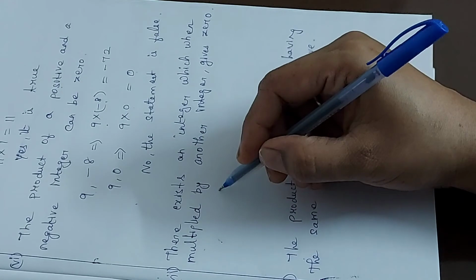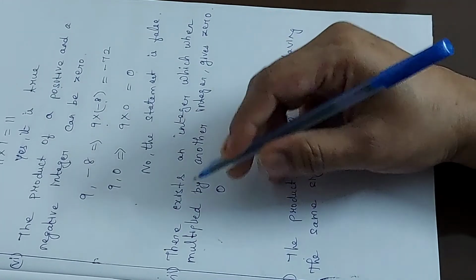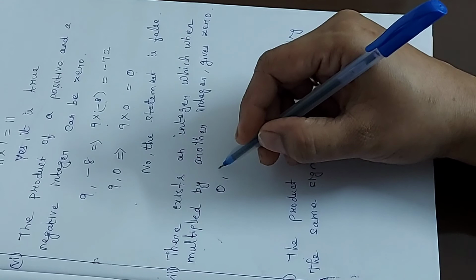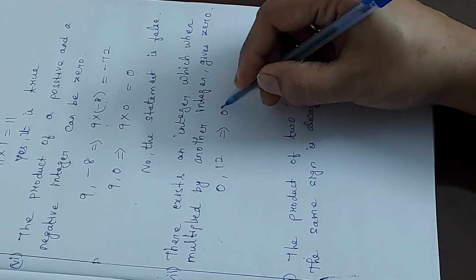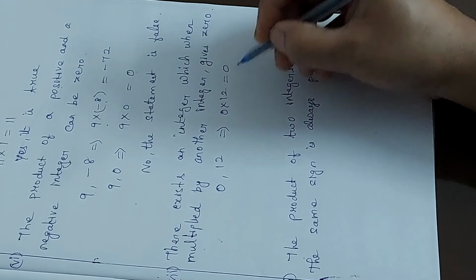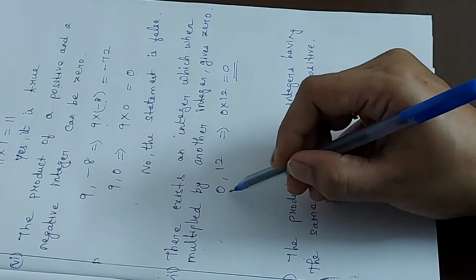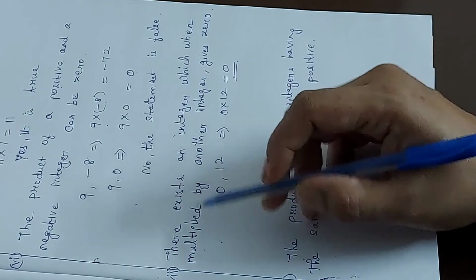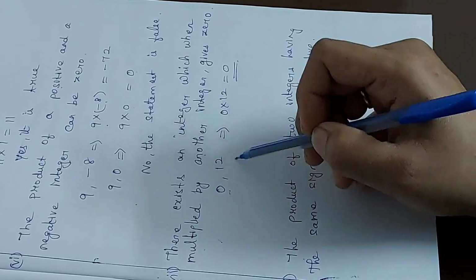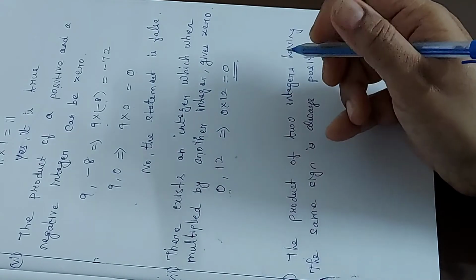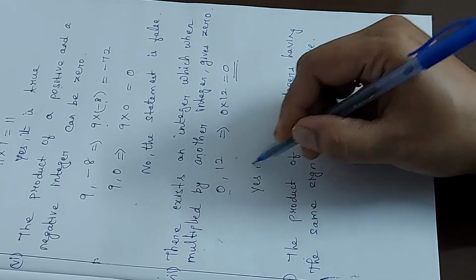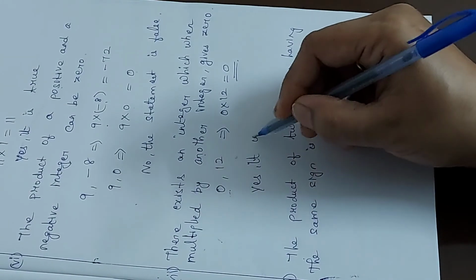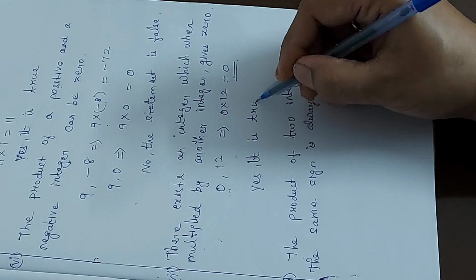Exactly, 0 should be that integer which, when multiplied by any number, gives the product as 0, right? So the number should be 0, and when it is multiplied by another integer, you will get 0 as the answer. Yes, the given statement is true. Do you understand children?